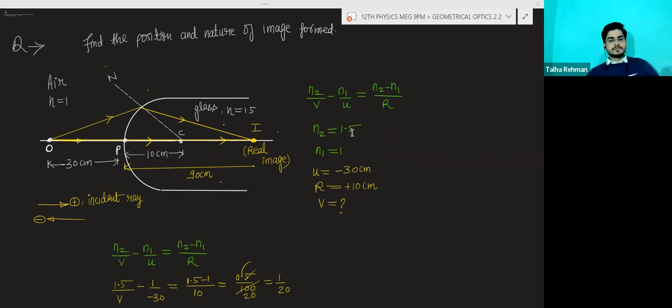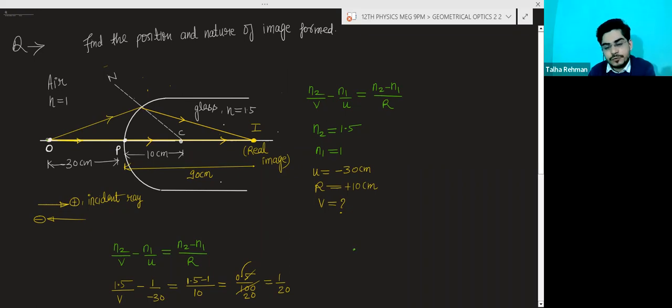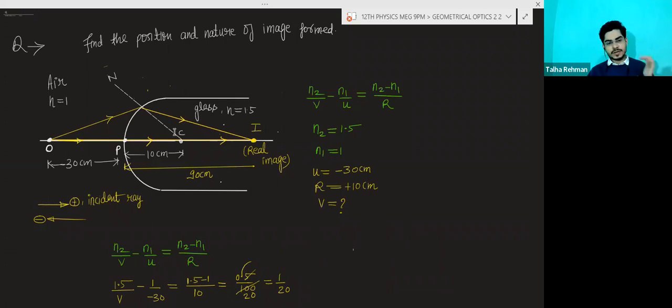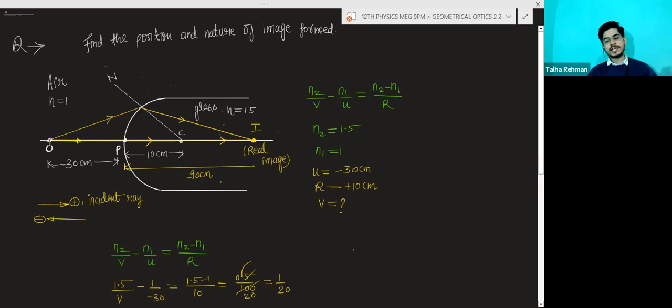You are right, but here what is happening? You are right, the real and virtual image can be given by the magnification. But here the object is a point object. Point object means a very small object, so its height is almost negligible. So magnification will not work in this case.